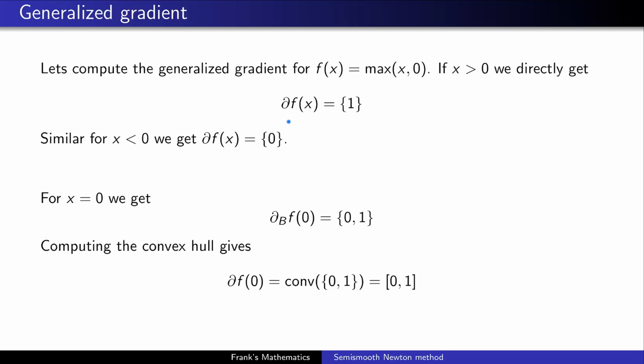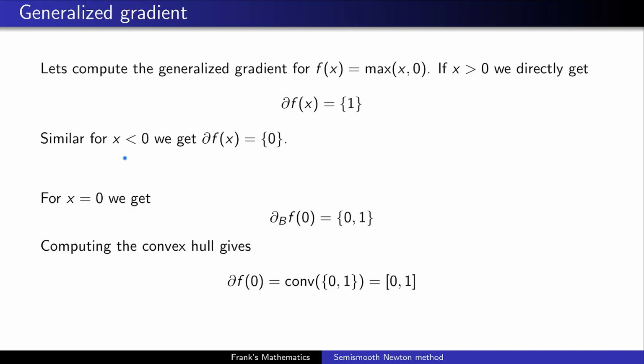And the convex hull of a single point is, of course, the point itself. So the generalized gradient of f for x greater than 0 is just the set containing 1. So this is the big difference to the classical differentiability. The gradient is now a set. It is not a value, it is a set containing values.